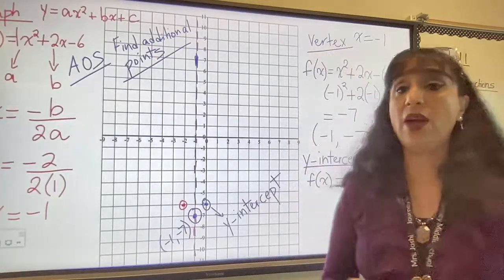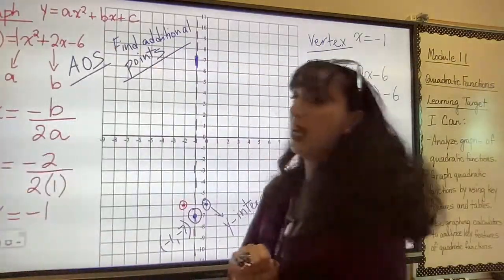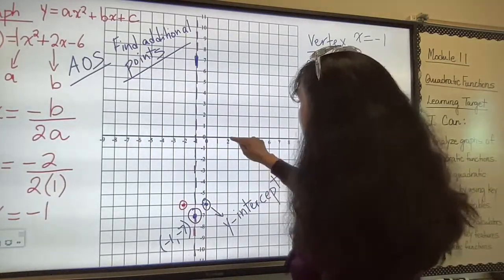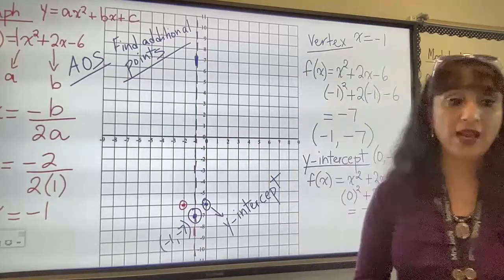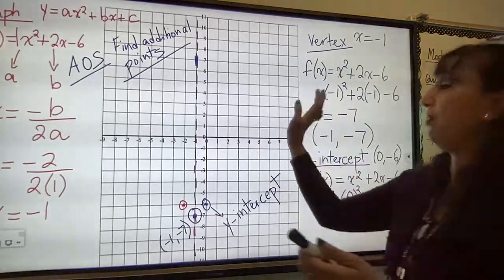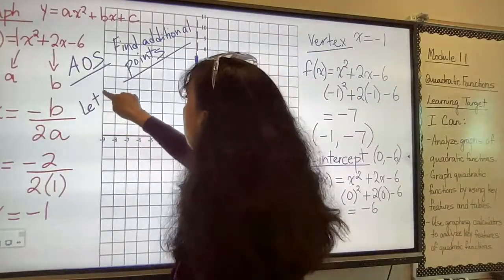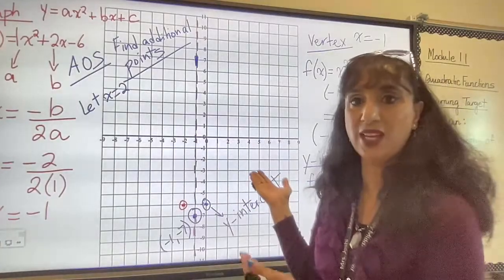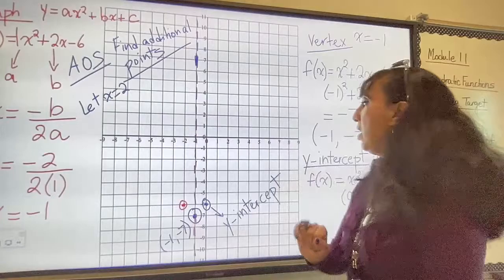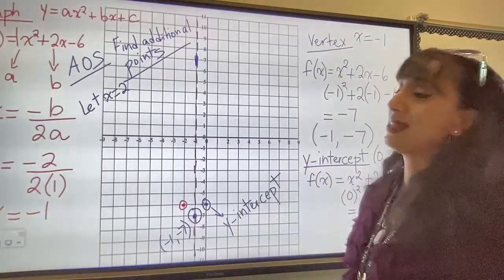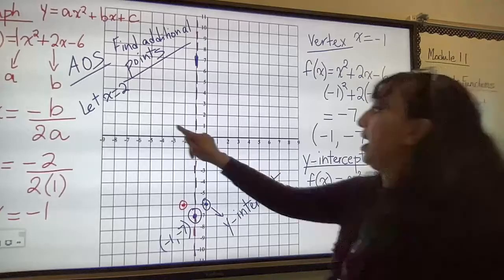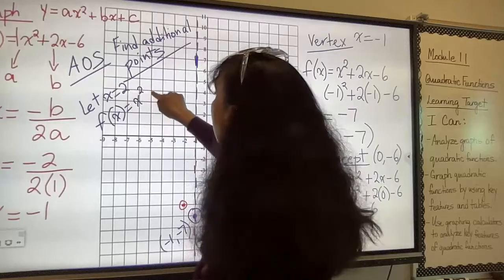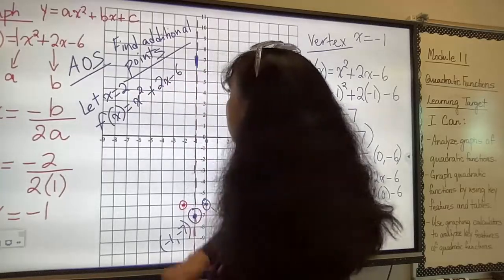Now, let me go ahead and plot another point. And let's say, let x be equal to 2. And then I'm going to substitute those values. I normally like to take the right side because then I can reflect the same thing on the left. So if x is equal to 2, let's see what happens in that equation. f of x is equal to x squared plus 2x minus 6.